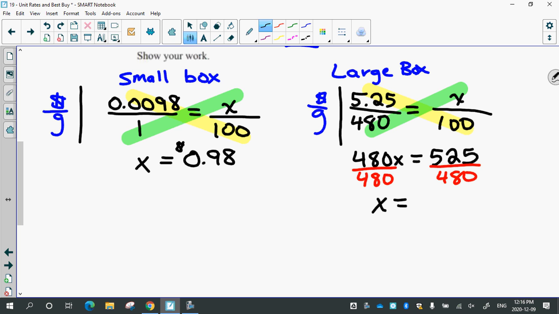So I got 1.09375. It has to be money, so I have to round to this place. So the 3 tells me whether to leave it as 1.09 or round it up. So 3 means leave it. Yep. So it's $1.09.